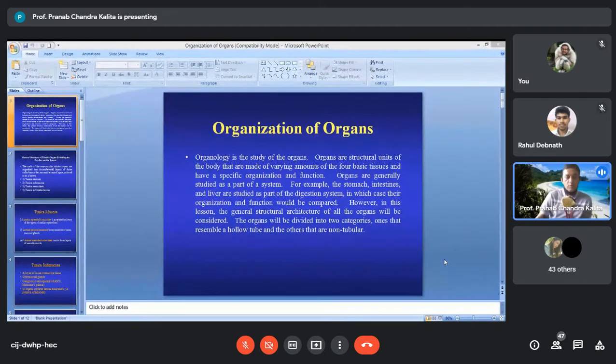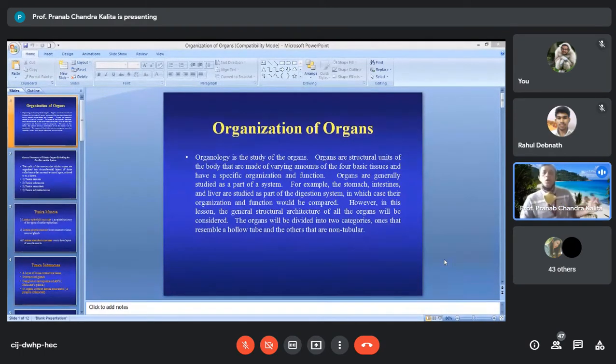The 4 basic tissues which make up a particular organ have their specific function in that organ. Organs are generally studied as a part of a system. For example, the stomach, the intestines, and the liver are studied as part of the digestive system.